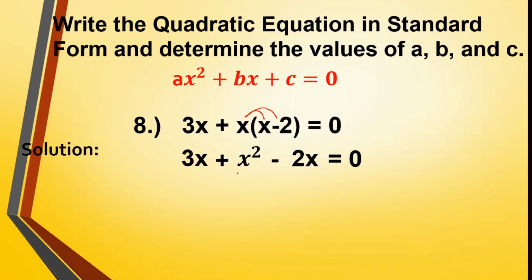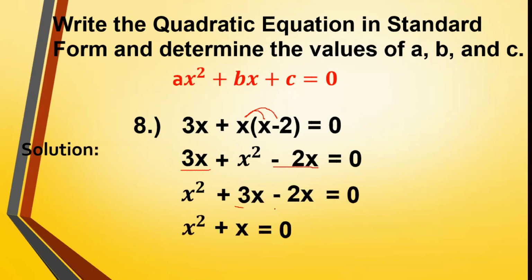So, we have to bring down x squared first. And then, we have to combine like terms here. What are the like terms in the equation? 3x and 2x. Very good. So we have to combine like terms. So, we have x equals 1. Understood that there is a 1 beside the x in the second term.